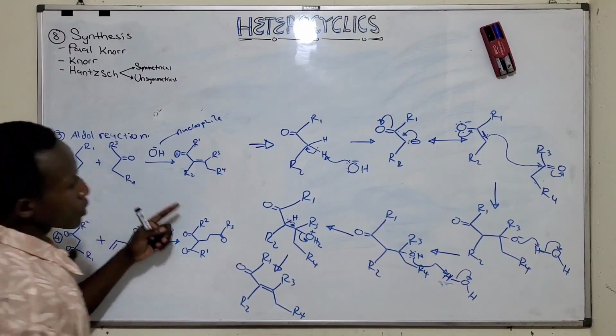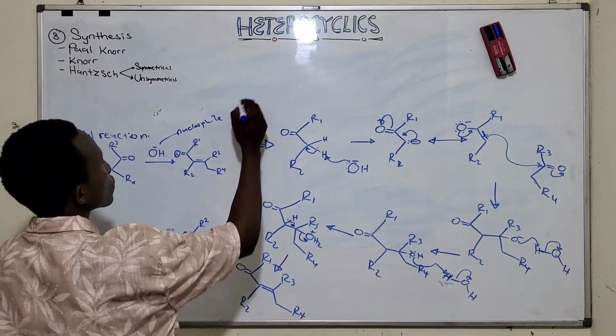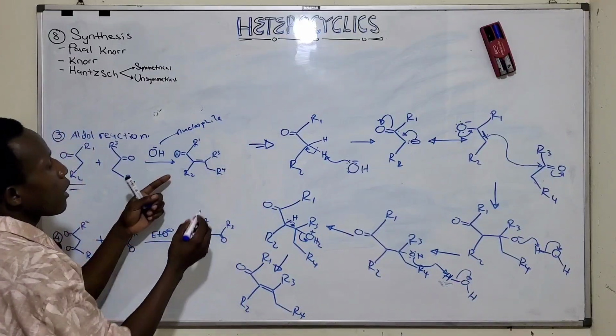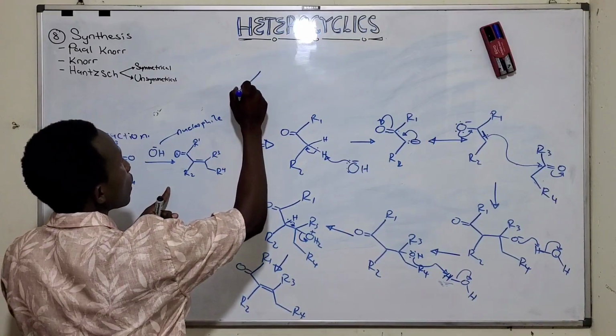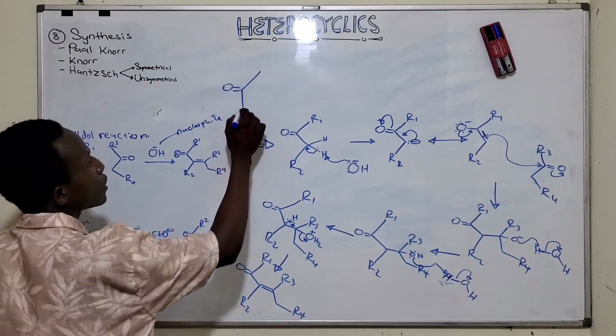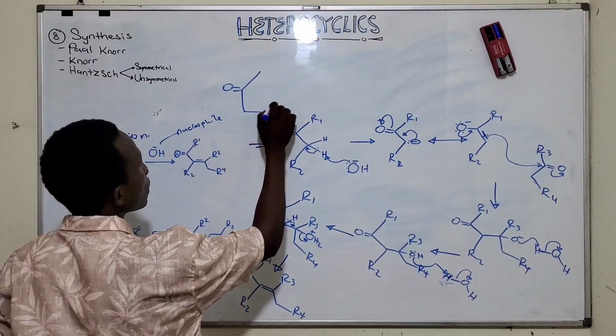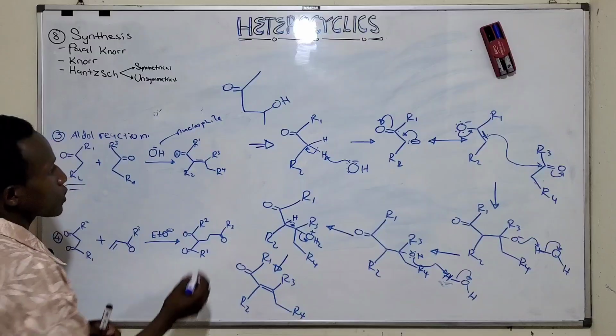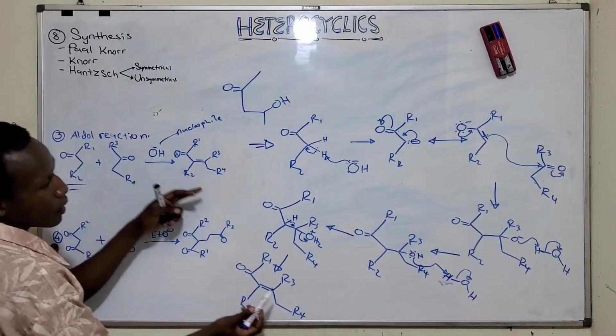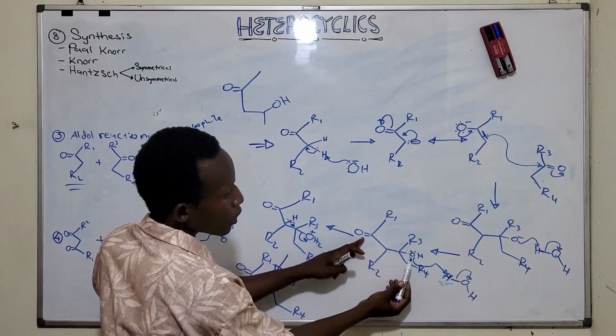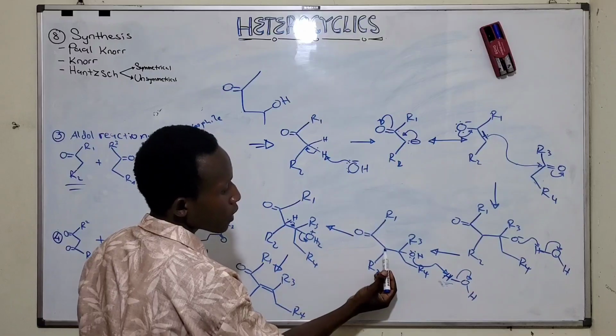So this is the Aldol reaction. Aldol is a structure where we have a ketone, then separated by the alpha carbon from the OH group. So we have here a ketone with an OH separated by the alpha carbon.